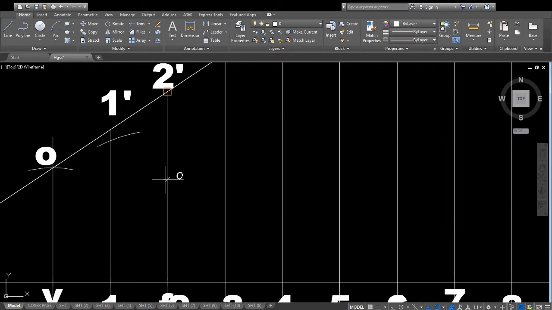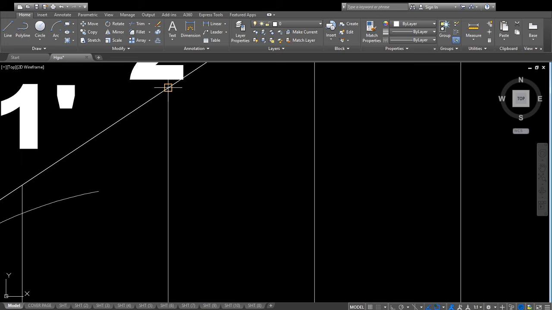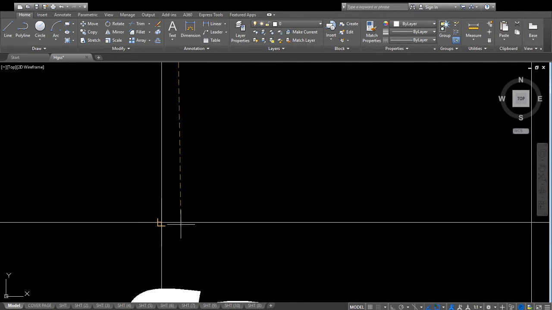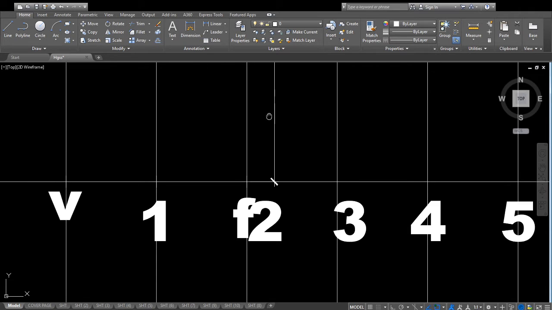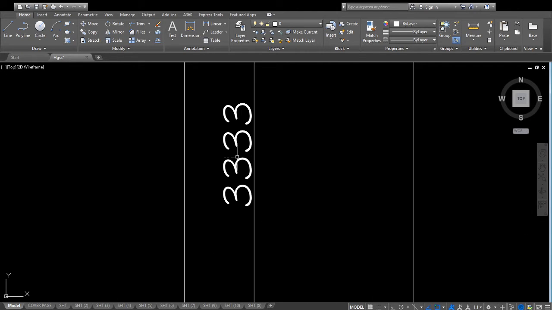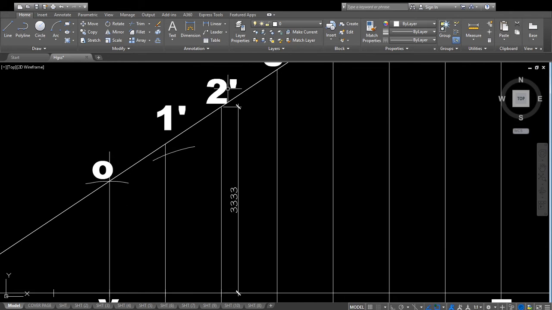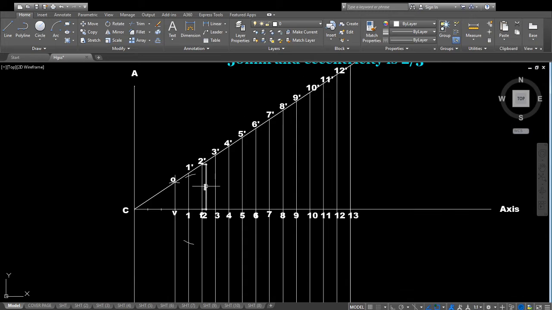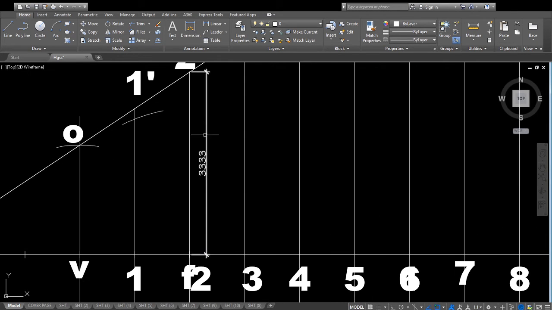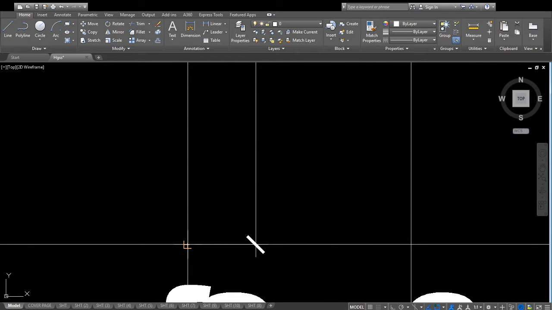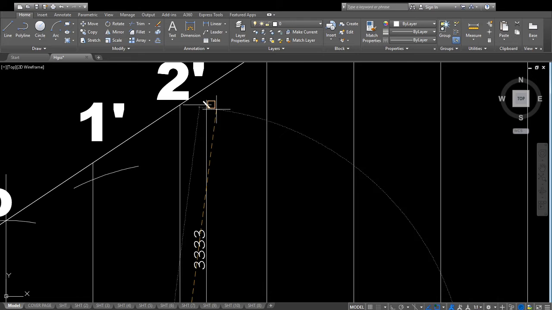From 2 here to 2 prime, we have 3333. So I'll just pick an arc, I'll come to this point, and then type in my radius 3333.